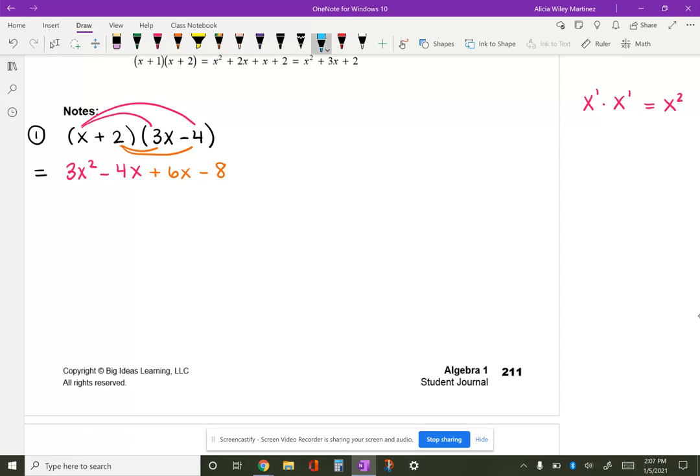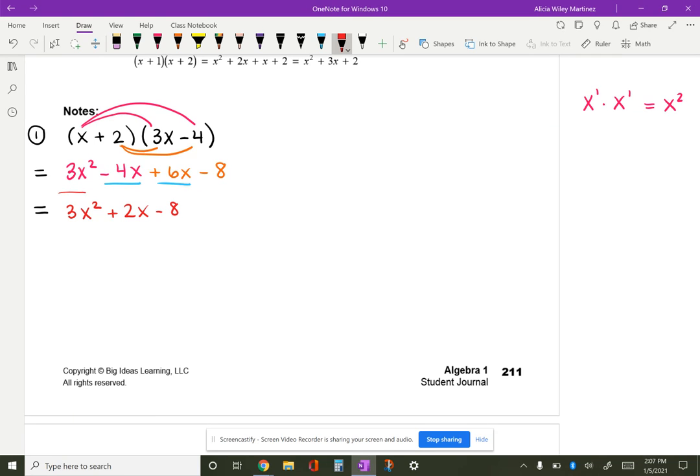So I can see that I have 2 terms that have an x, and those are my only like terms. So when I go to combine, I'm going to get 3x squared, nothing to combine with that. -4x and 6x gives me 2x. The only constant I have is -8. So I'm going to bring it down to my next step.